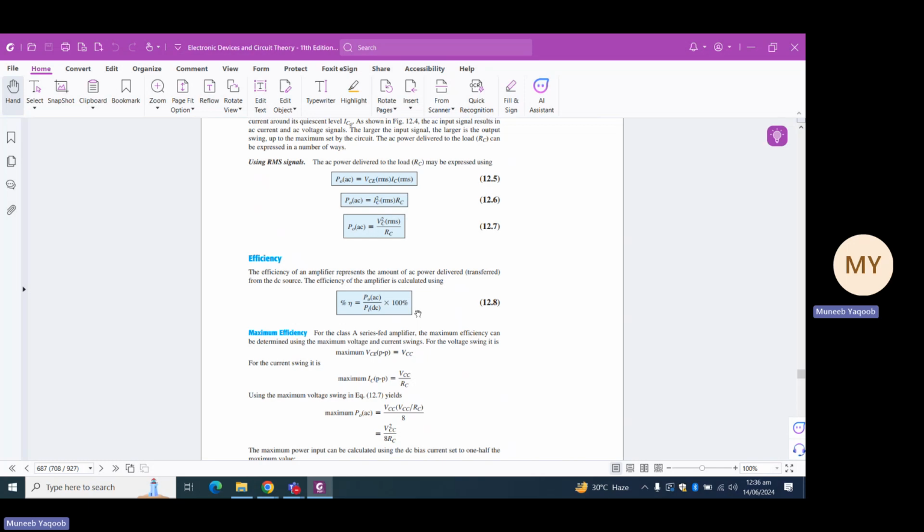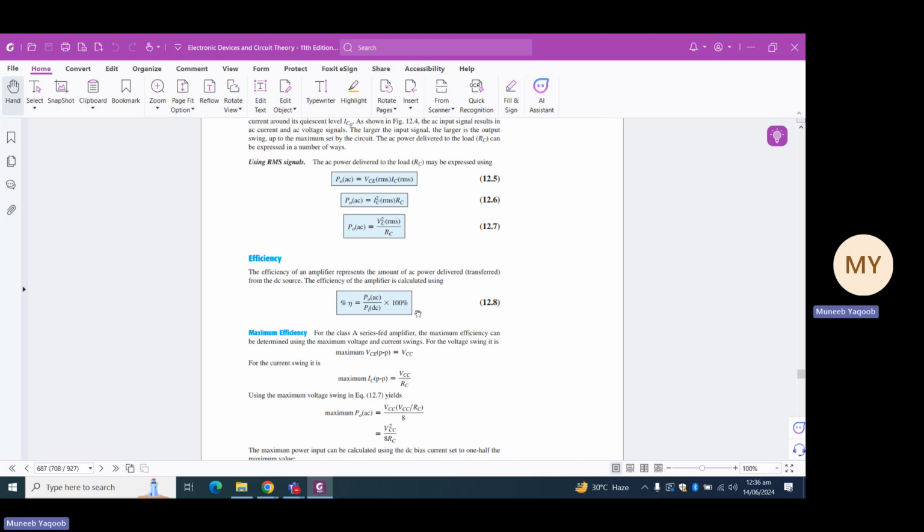What is the maximum efficiency? For maximum efficiency, VCE peak to peak can be equal to VCC, or maximum IC peak to peak could be equal to VCC upon RC.